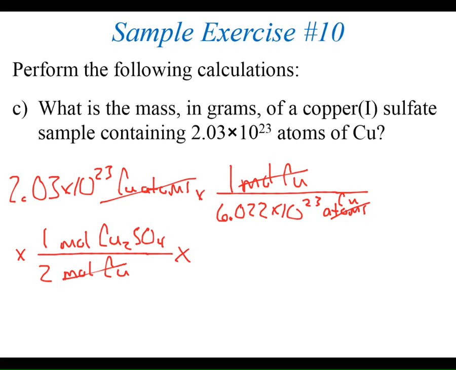Now I'm in moles of copper 1 sulfate, but I want to be in what? Mass. Moles to mass? Molar mass, right? Hopefully this is slowly sinking in here. So you add up 2 coppers, a sulfur, 4 oxygens, and what is that mass? 223.17 grams.